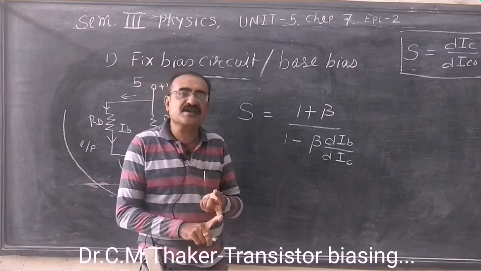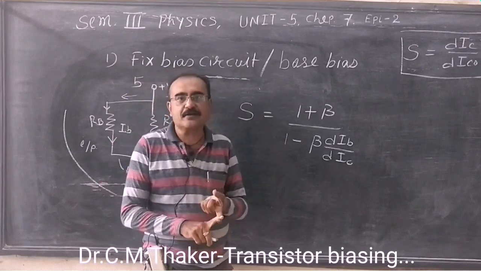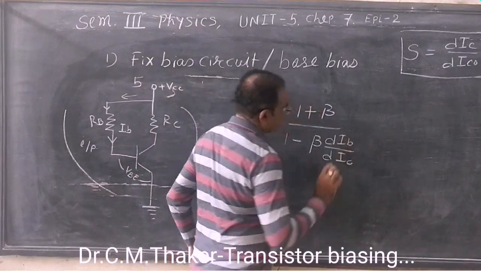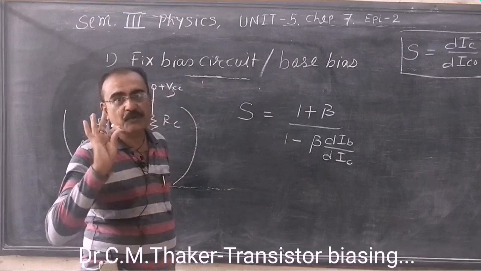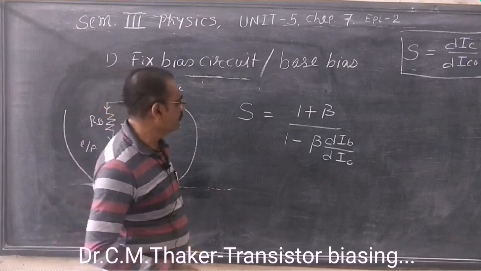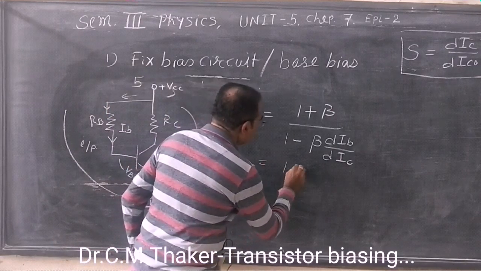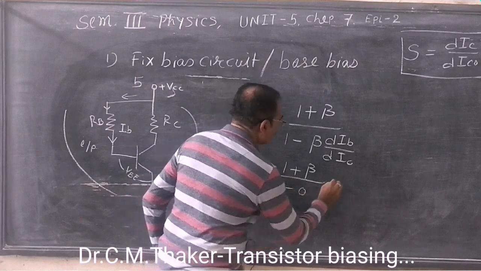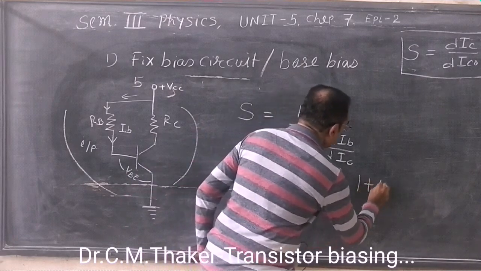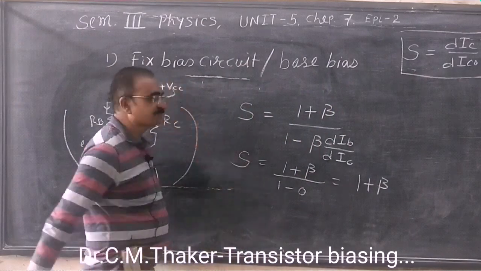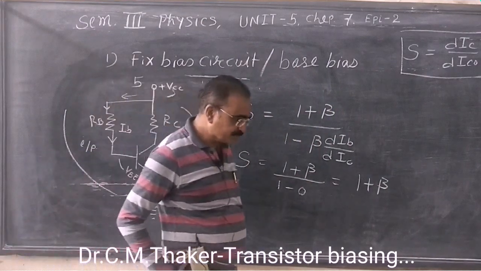That means the base current is independent of collector current, and that's why this variation shows the zero value. Both are independent of each other. That means 1 plus beta upon 1 minus 0. This is 1 plus beta. So the stability factor is 1 plus beta.